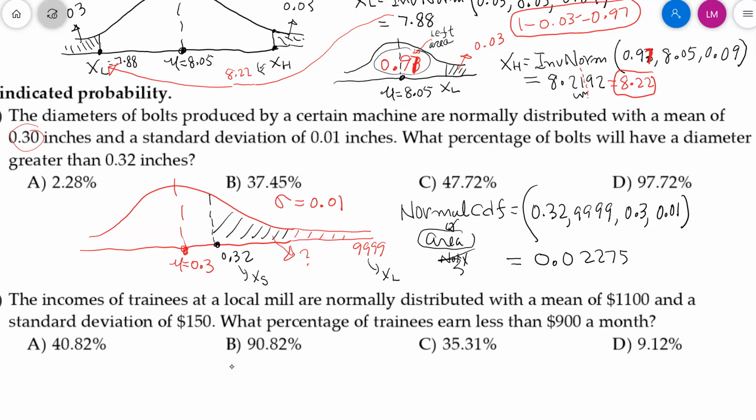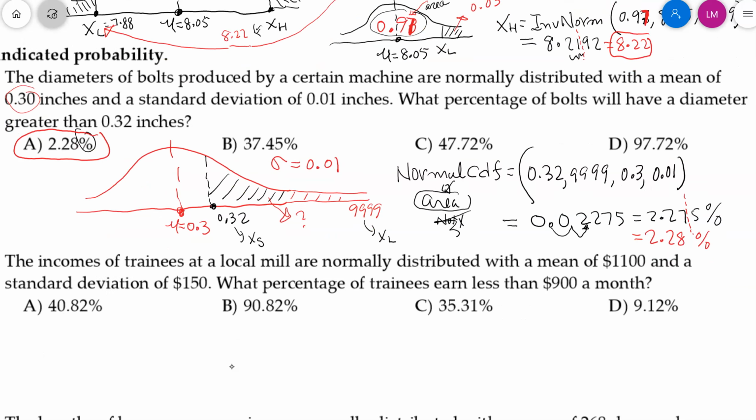Now everything is in terms of percent, so to change to percent, you move two places to the right. So it is 2.275%. Now you round to two decimals, so it is 2.28%. So you got 2.28%, A. Okay, let's go to number 10.